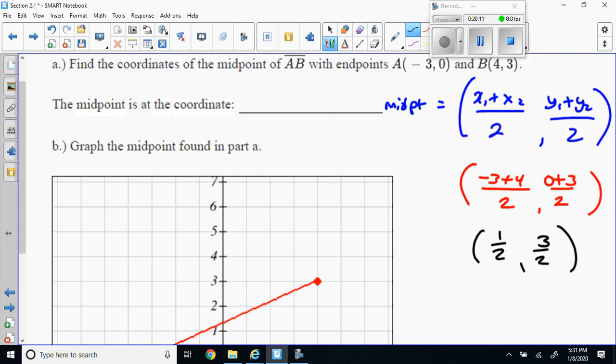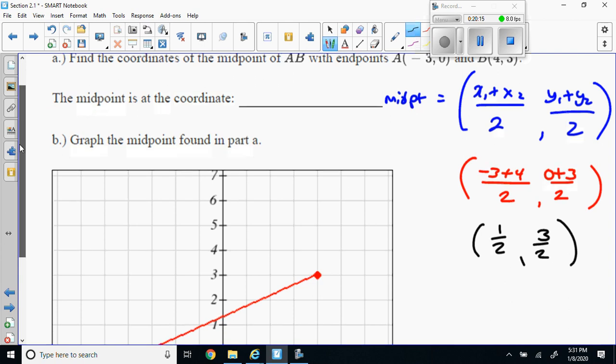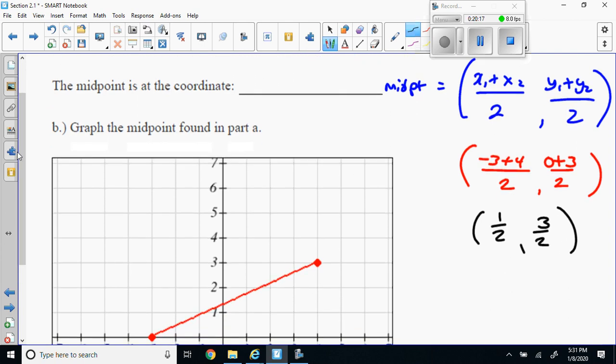So that's 3/2, right? Now, I don't know about you. Sometimes my brain doesn't work in fractions. So how do I convert those to decimals? Divide them, right? So the midpoint, the coordinates form is 0.5, comma, 1.5.